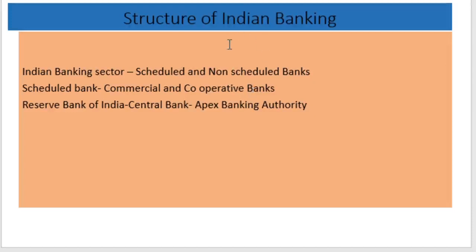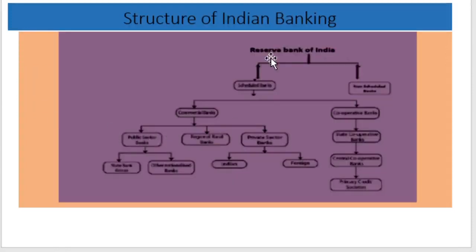The structure of Indian banking can be explained as in the following chart. Here, the structure of the Indian banking system is given. Reserve Bank of India is the apex authority, and the whole banking system is divided into scheduled banks and non-scheduled banks.